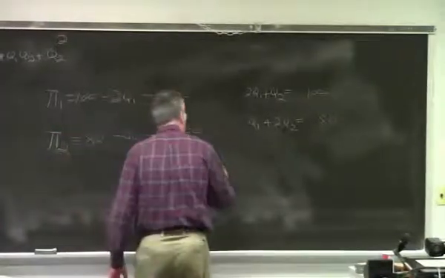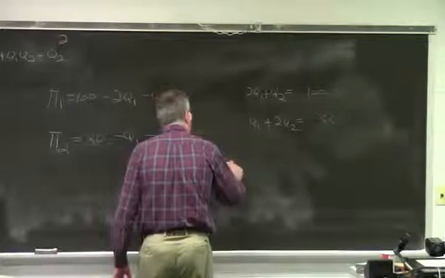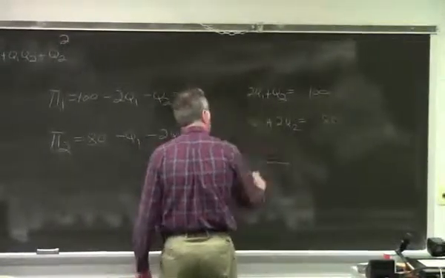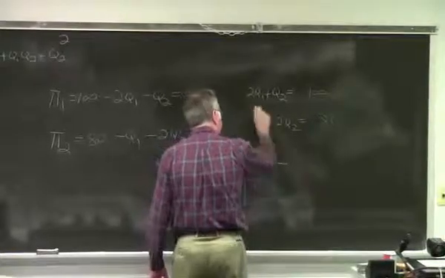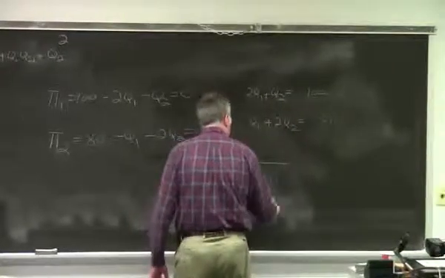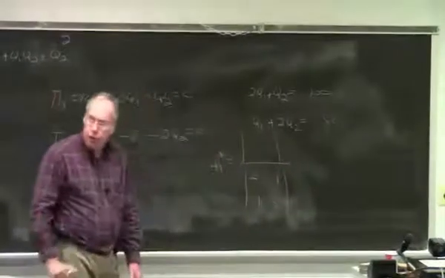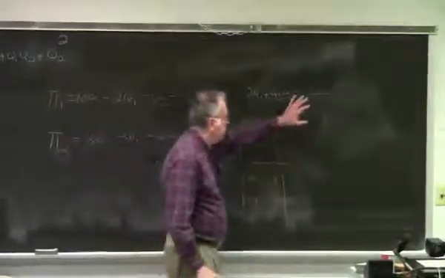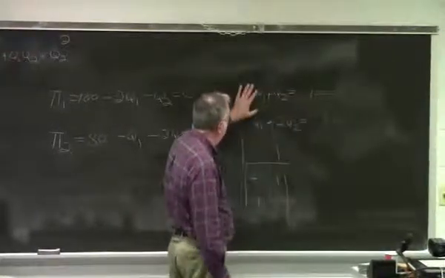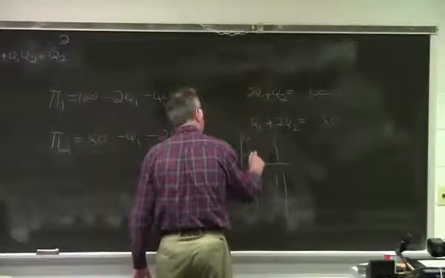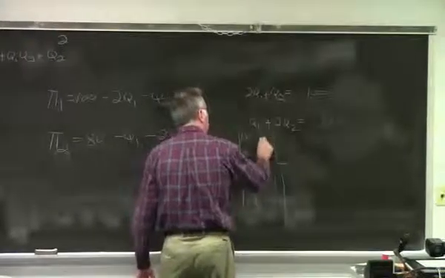Q1 star is equal to the ratio of these two determinants. The determinant of the coefficient matrix is 2, 1, 1, 2. Here, if we're solving for Q1, we substitute this vector for the coefficients on Q1, so we get 100 and 80, and then we just keep these as they are.